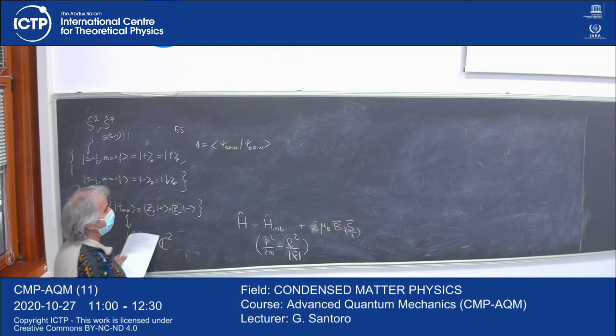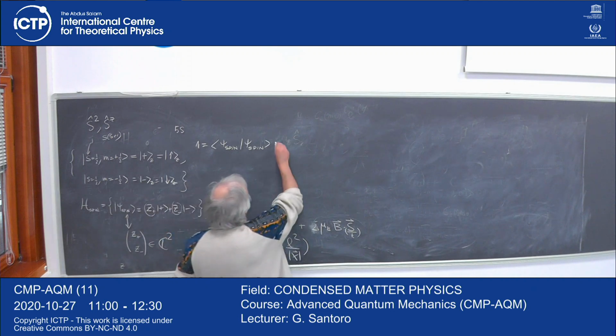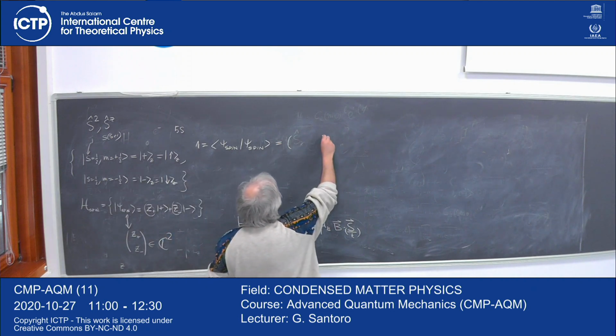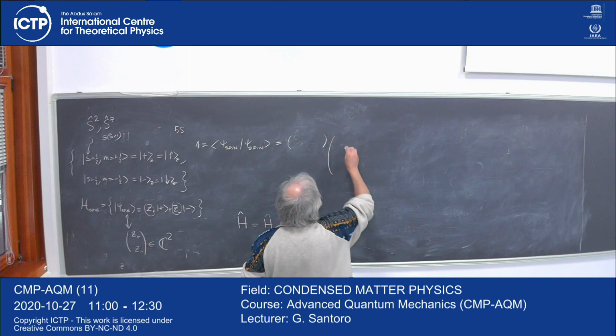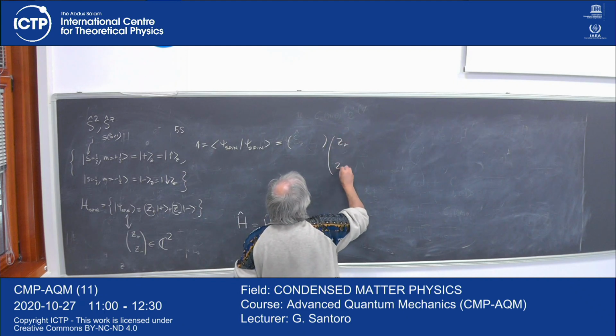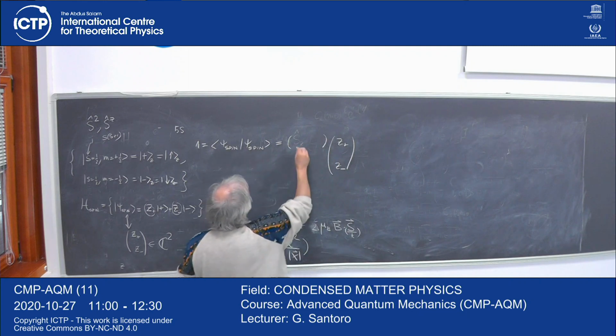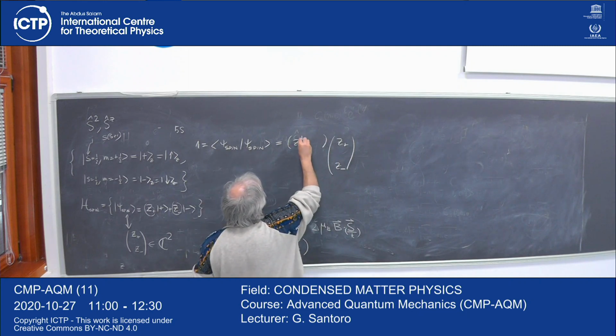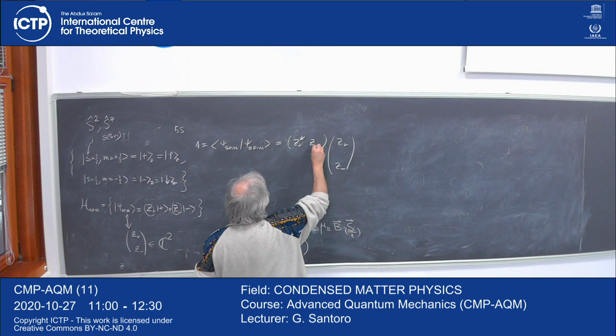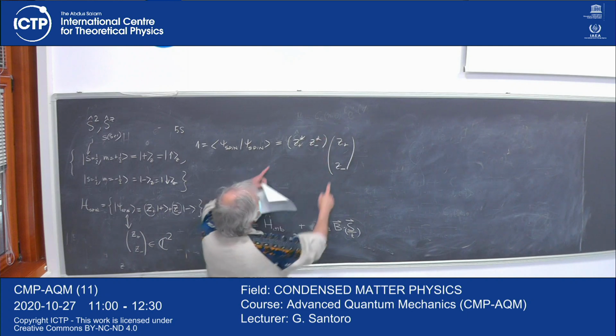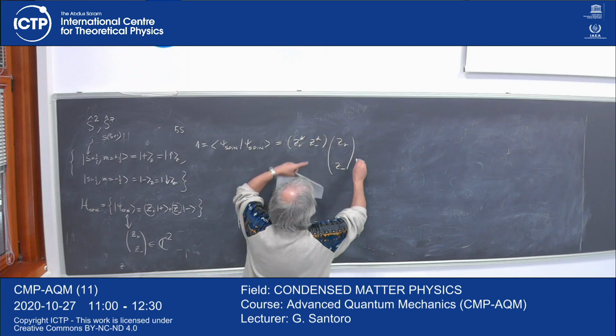Okay? Remember that you can work, for instance, with a column, z plus, z minus, and then I have to multiply by the corresponding bra, which is z plus star, z minus star. Okay? And you do this times this plus this times that.